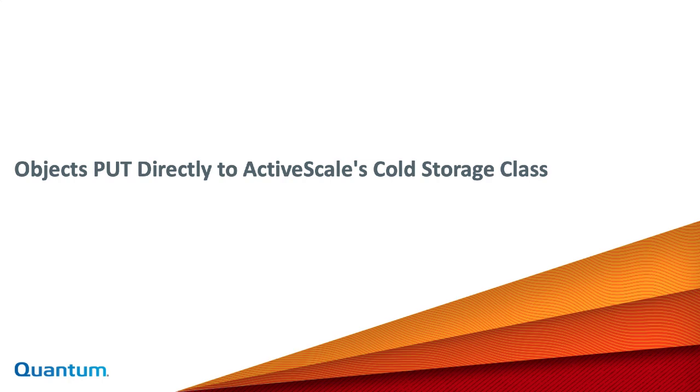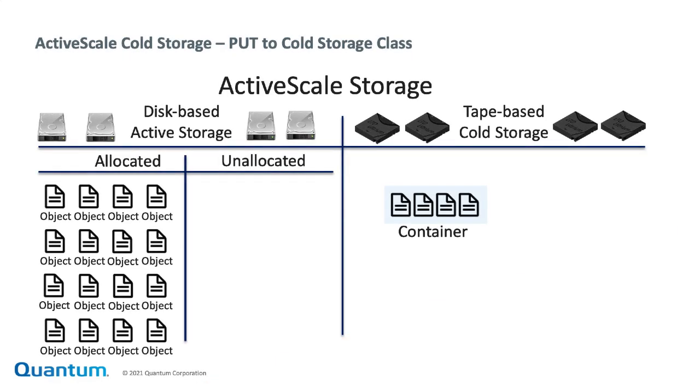Sometimes you may wish to bypass lifecycle policies and put an object directly to ActiveScale's cold storage class. It's a very similar process. When an object is put directly to cold storage, ActiveScale will stage that object in its unallocated space.